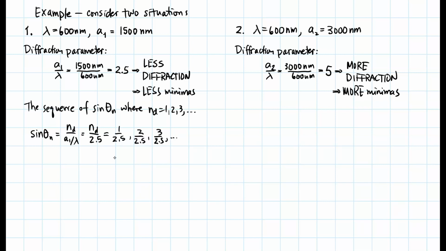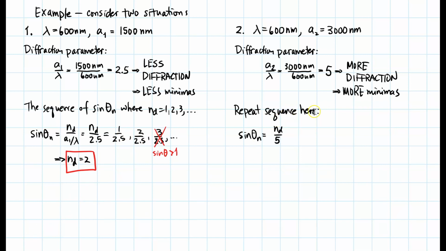And what you're seeing here is that immediately this one has sine of theta greater than 1. So that means that nd has to be 2. So I have two minimas to the left and right of the central max.